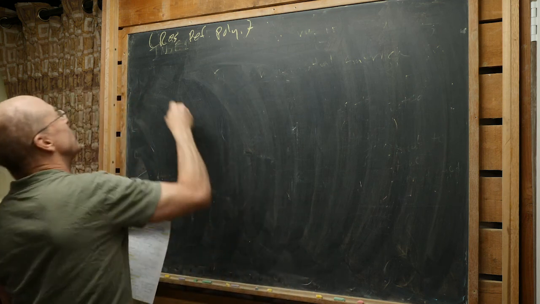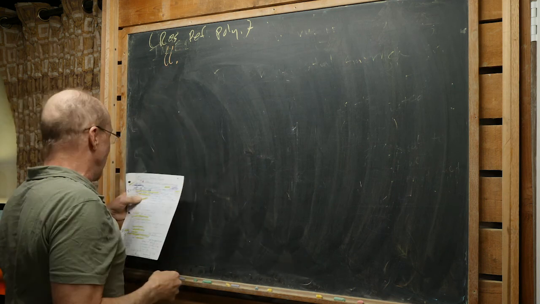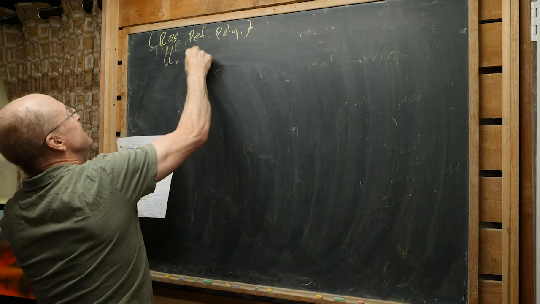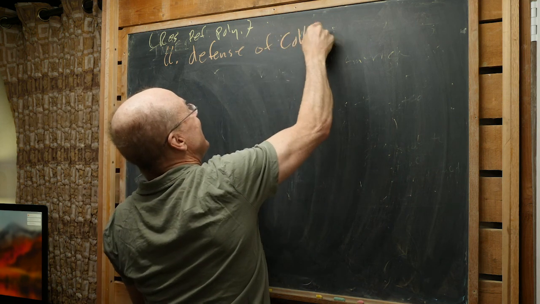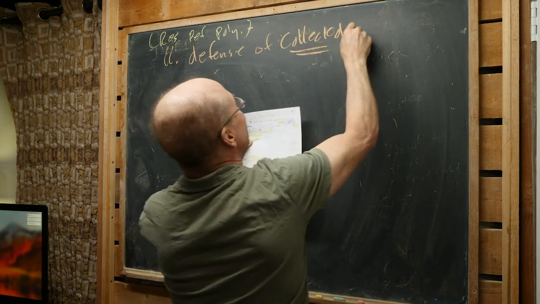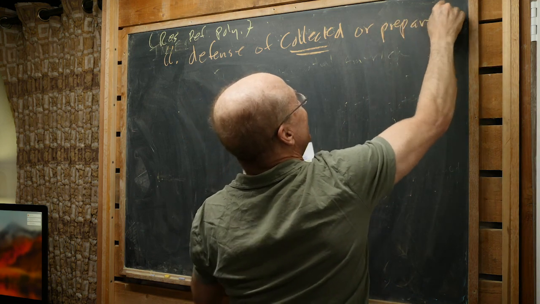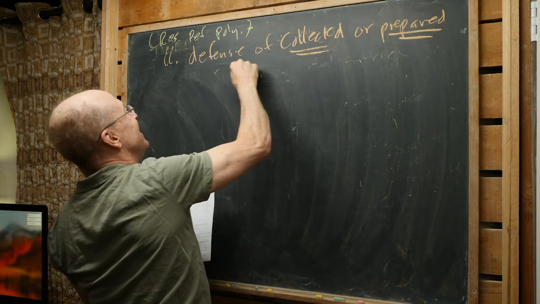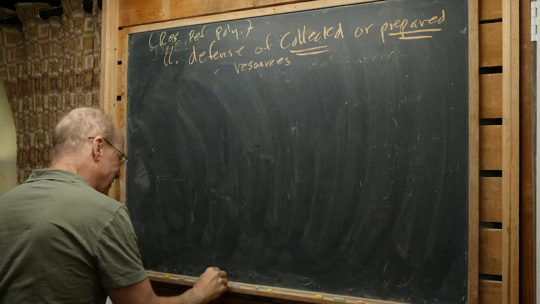So I'll change the color for this. This is exciting. Roman numeral lowercase i. This is defense of collected or prepared resources. This is awesome, awesome, awesome.